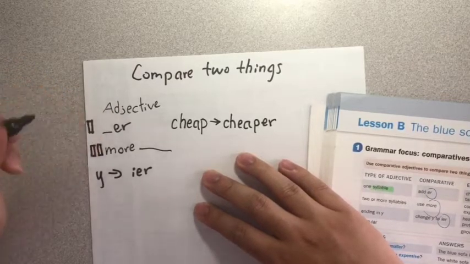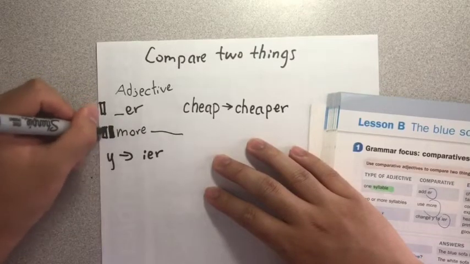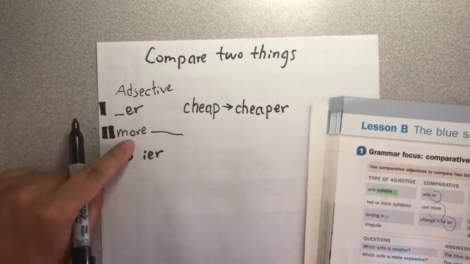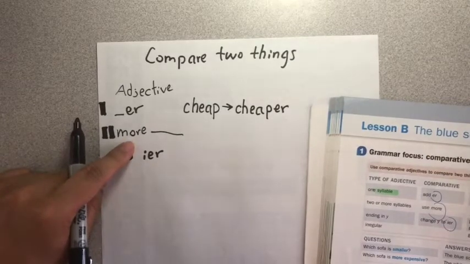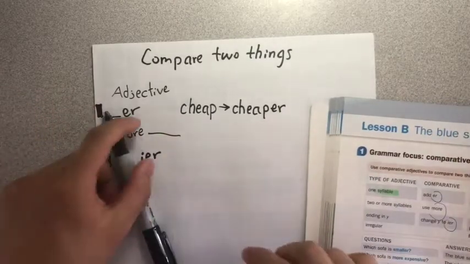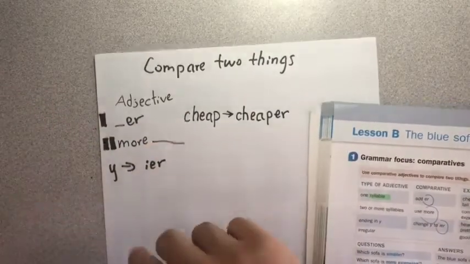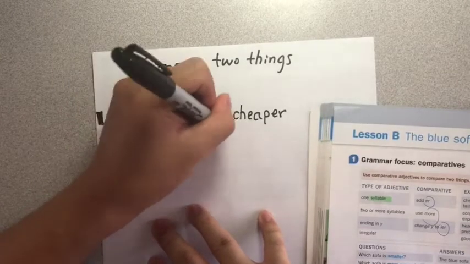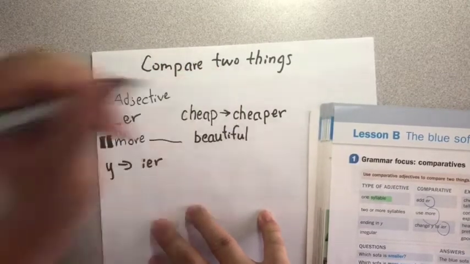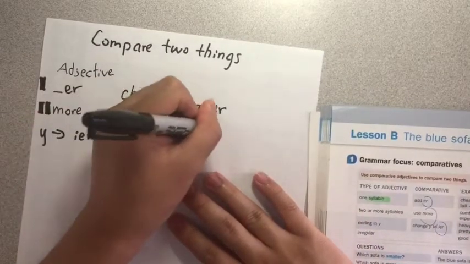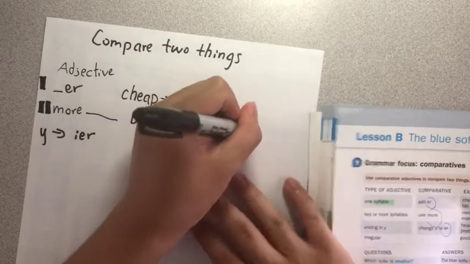More than 1 syllable. Okay? So if an adjective has more than 1 syllable, like the word beautiful, we write the word more before the word. So beautiful. Beautiful becomes more beautiful.